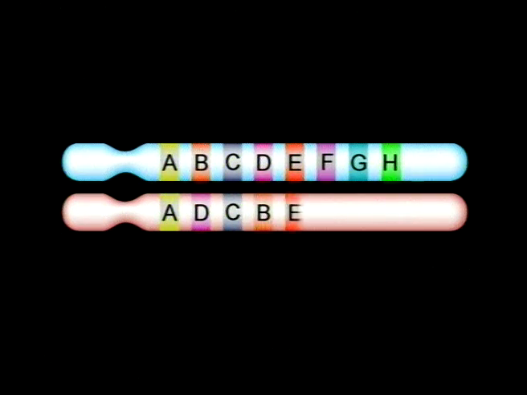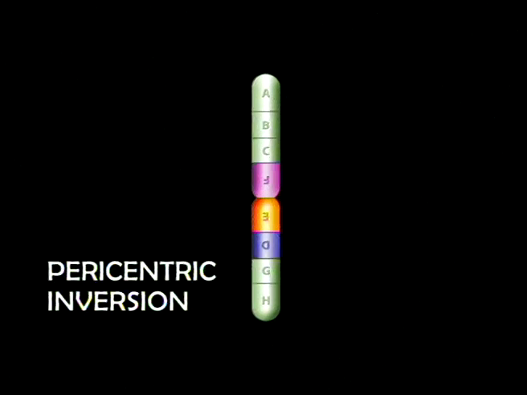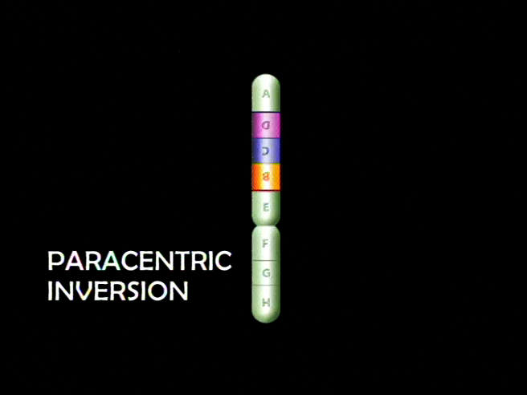inversions. An inversion is a phenomenon in which a segment of a chromosome is oriented in the reverse direction. When the inverted segment includes the centromere, the inversion is called a pericentric inversion. However, when the inverted segment occurs on one chromosome arm and does not include the centromere, the inversion is called a paracentric inversion.